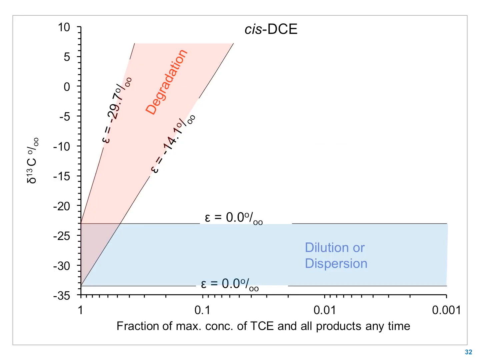The most fractionating would start at the least negative value for delta 13C, and that defines a space where degradation would control the value of delta 13C compared to C over C naught. So that's the red space. And then the blue space, dilution or dispersion should not significantly fractionate the TCE or the cis. And so the blue space is C over C naught that's caused by dilution or dispersion. Next slide.